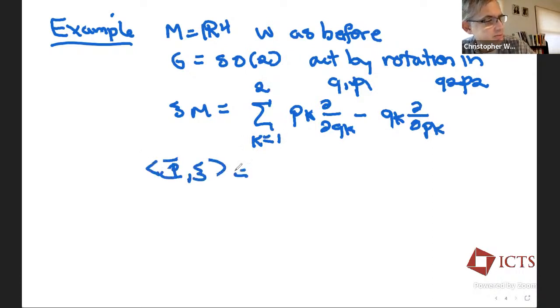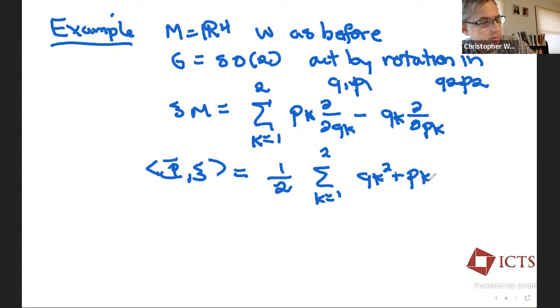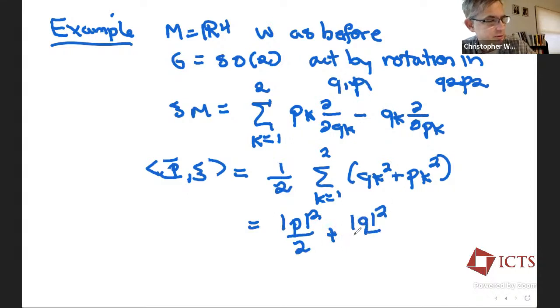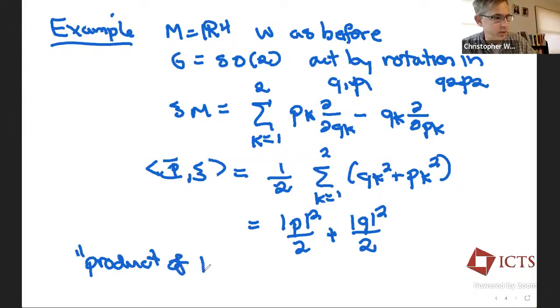And then the moment map becomes one half the sum of q_k squared plus p_k squared, divided by 2. Oh, I already had the 2 there in the front. Or written differently, p squared over 2 plus q squared over 2. So in physics, this would be called the product of harmonic oscillators.